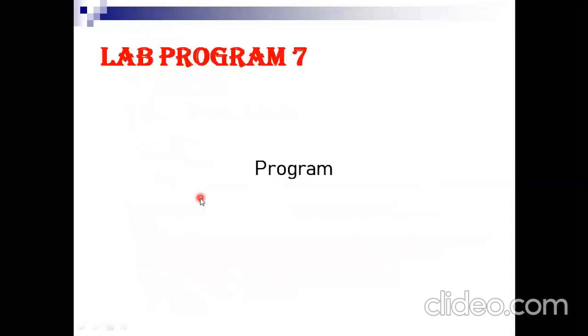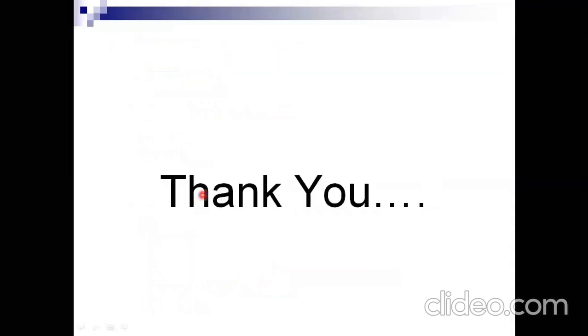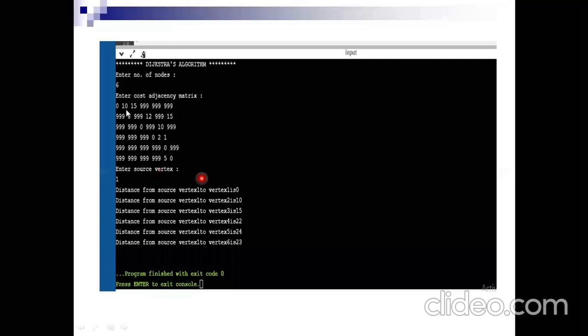If I execute this program on the compiler, you will get the output. I have just pasted the output here. The number of nodes is read as 6. The cost adjacency matrix has been read, the same cost adjacency matrix which I took for the example. Entering the source vertex as 1, it prints: vertex 1 to 1 is 0.